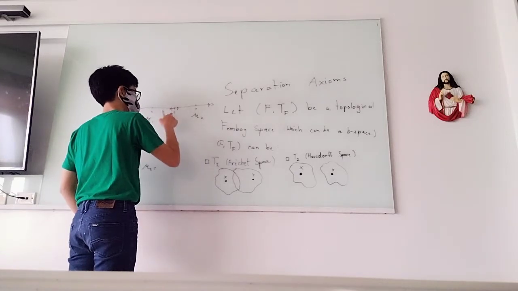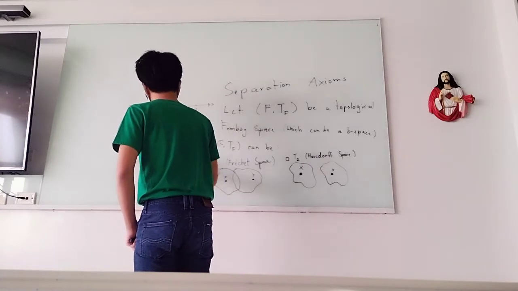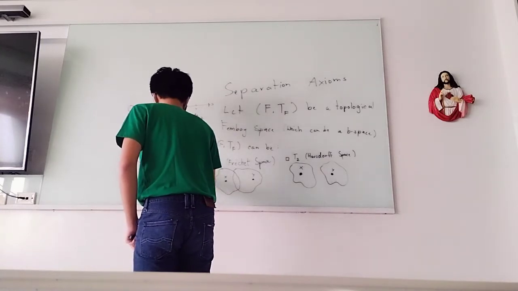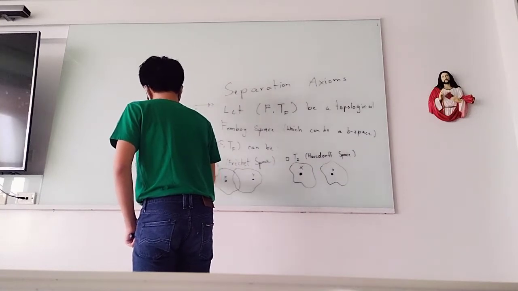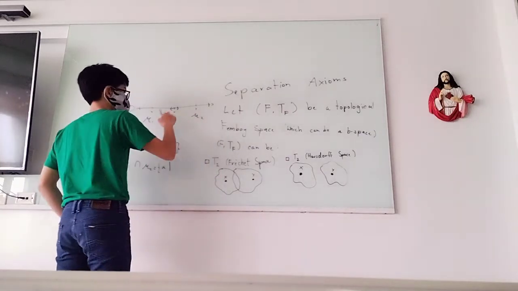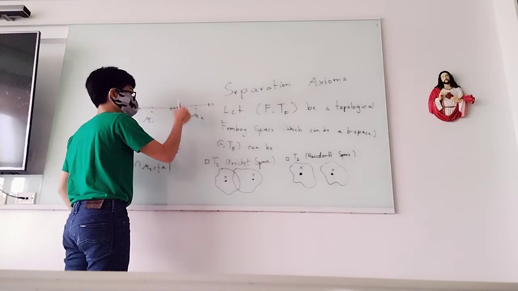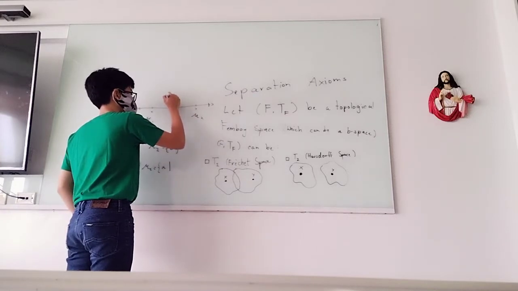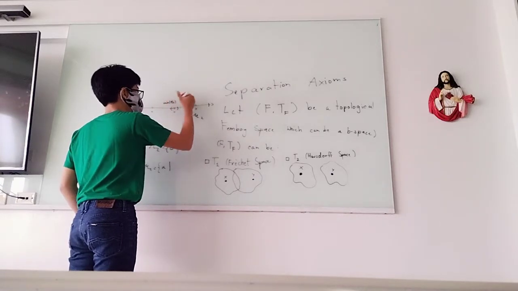Actually, it's the set of all alpha such that, let's say the minimum of mu2 and the maximum of mu1.